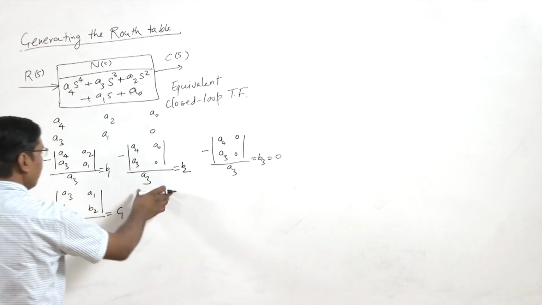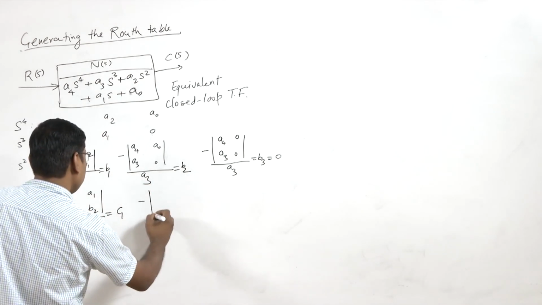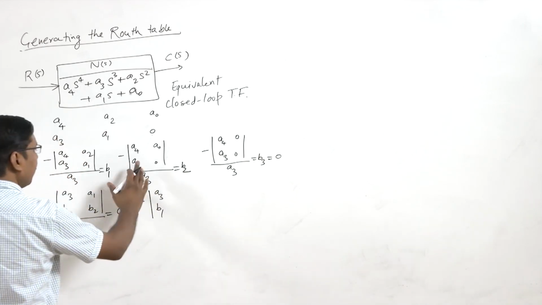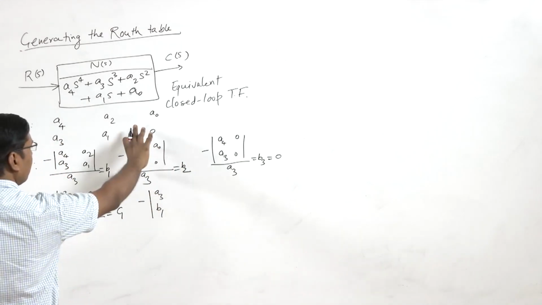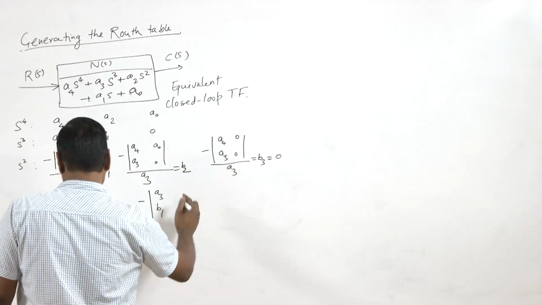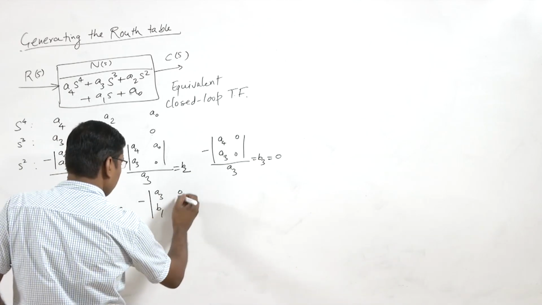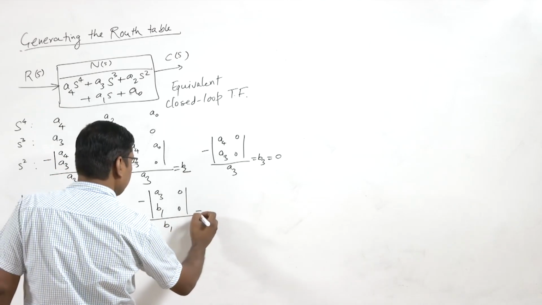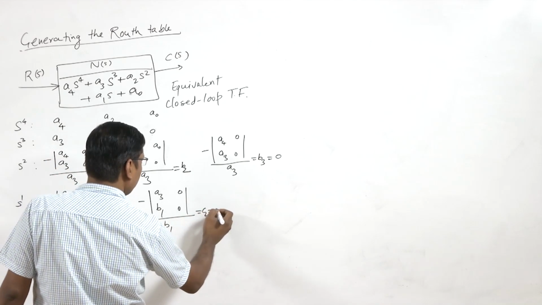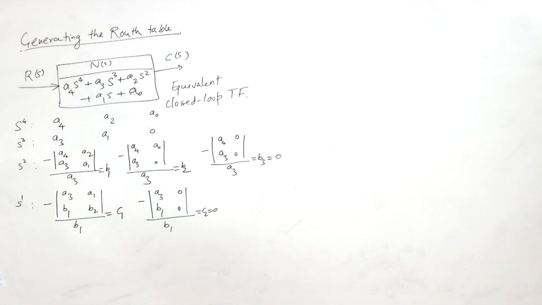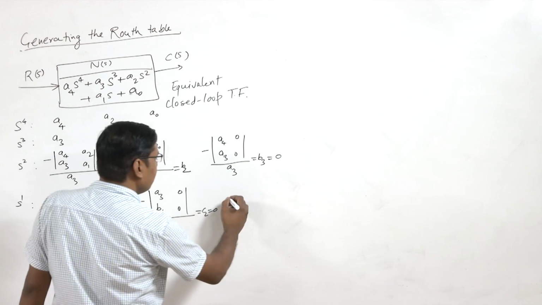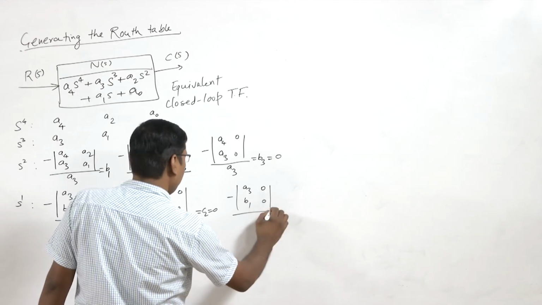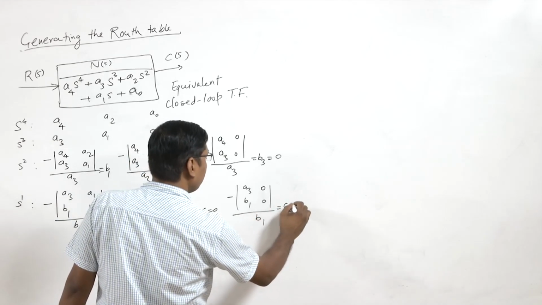Now this element is minus A3 B1. Then next element, so here we have 0 0 by B1, and that is equal to C2, and that is equal to 0. Then this one minus A3 B1 and then 0 0 by B1, that is equal to C3 equal to 0.